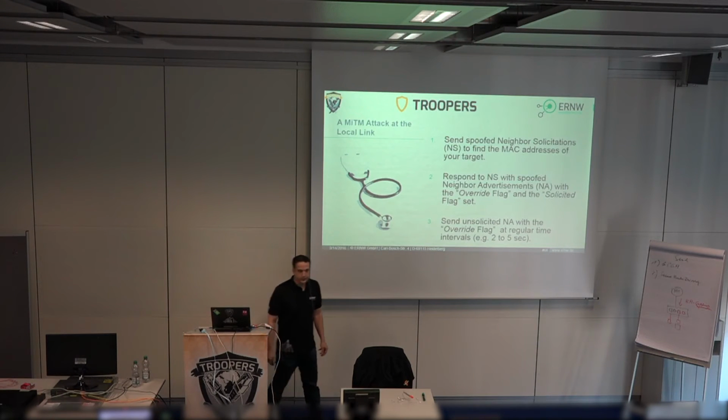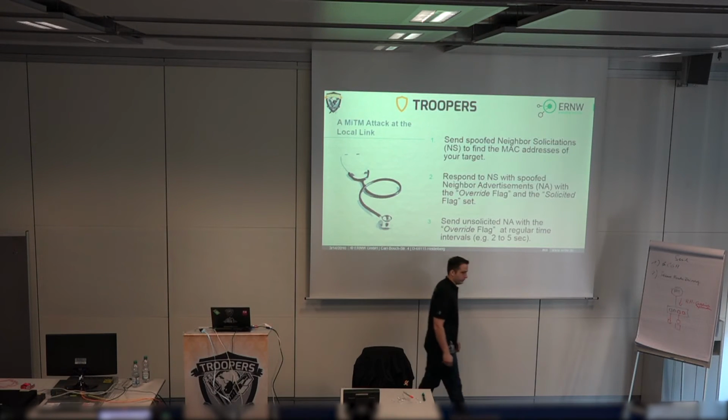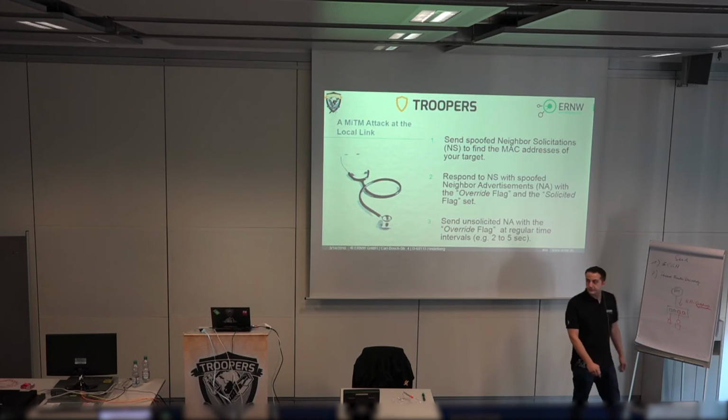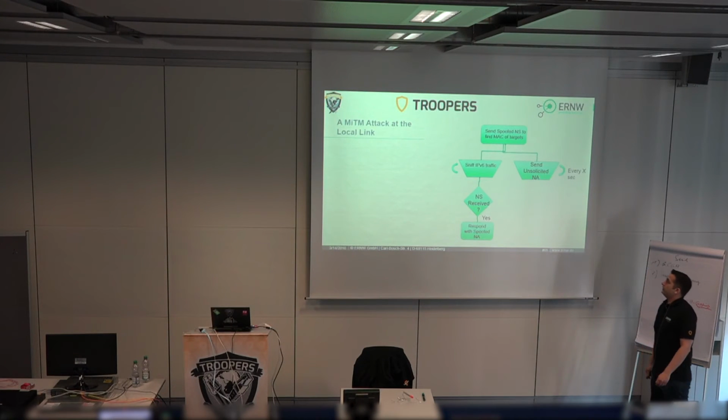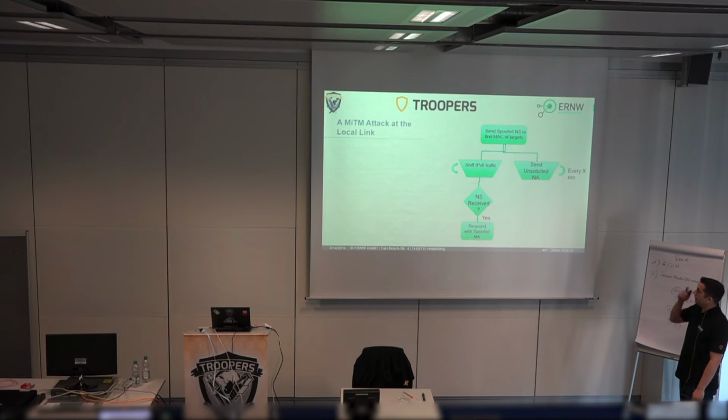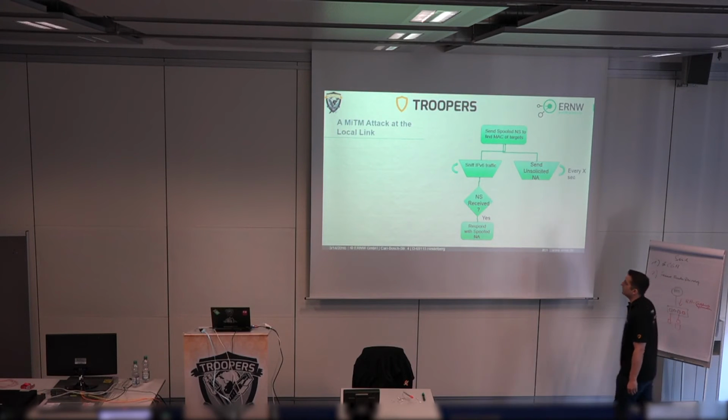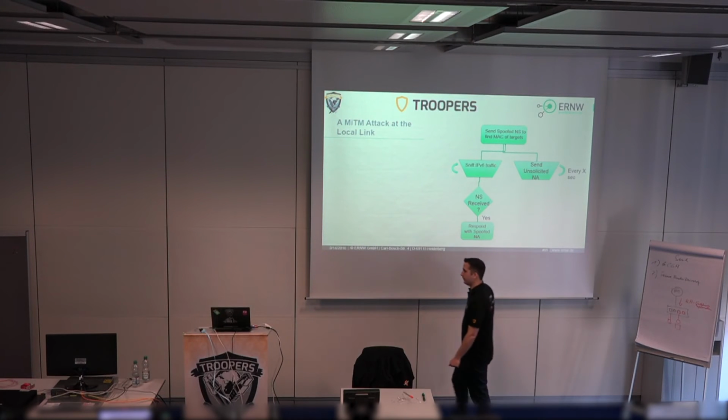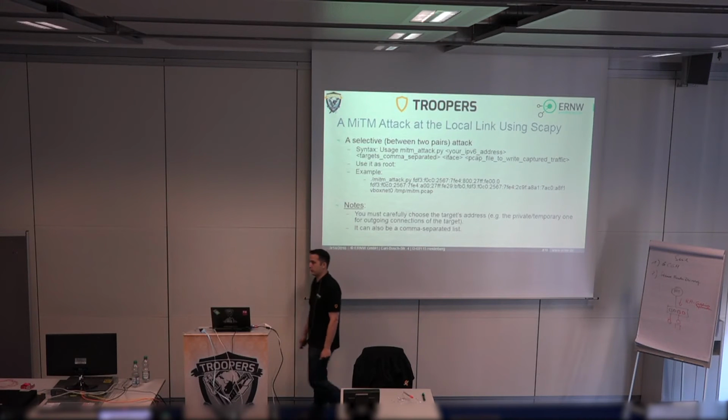And then, of course, you can do whatever you like with the traffic you receive. That's just what we have already done: send spoofed neighbor solicitations to find MAC addresses, sniff IPv6 traffic, and so on and so forth, just to perform a traditional man-in-the-middle attack on the local link.